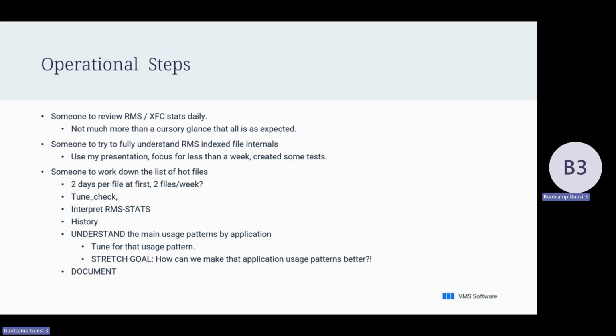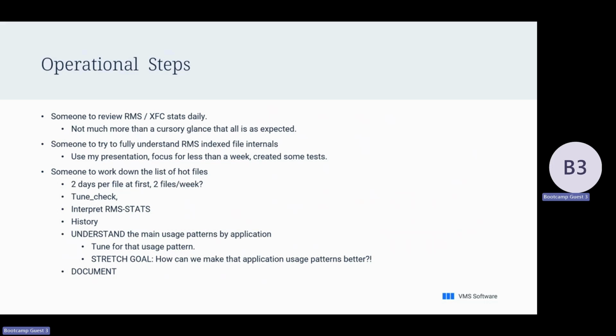And you know, a stretch goal ain't going to happen: how can we make that usage pattern better? I can convert files and change FDLs, but I cannot get my hands on the COBOL application, can I now? Sometimes you can. And I think one of the critical items is to document what you find. If you have to call support, you should be able to give them a 2-page summary saying, these are the critical files in my environment, and this is how they're being used.